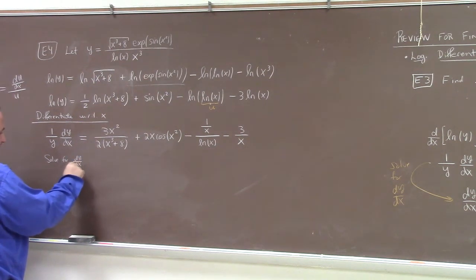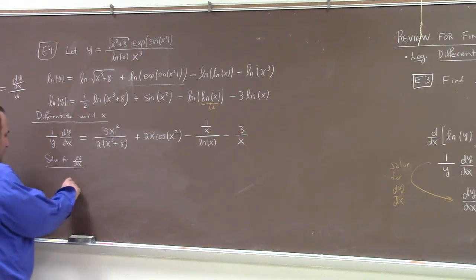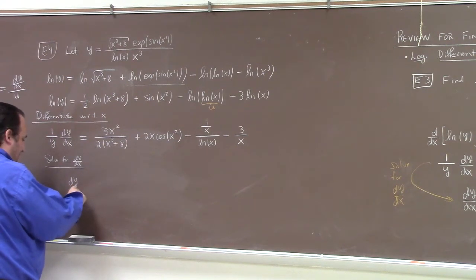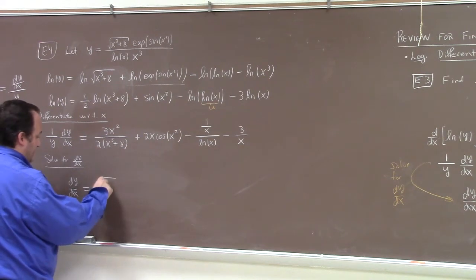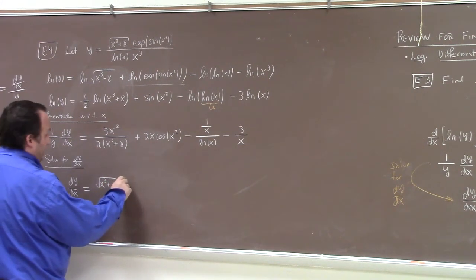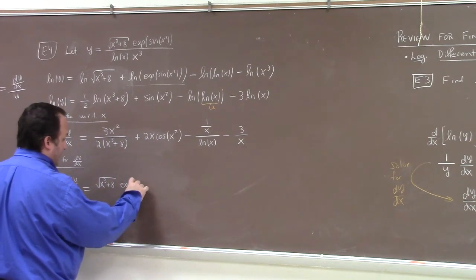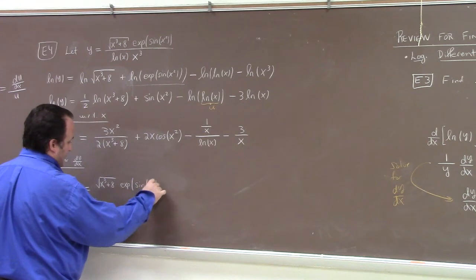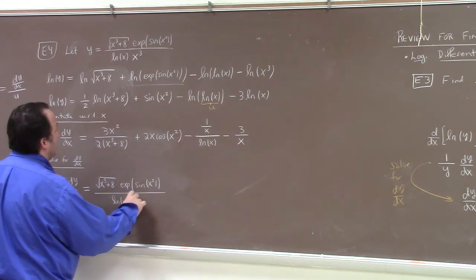And solving for dy dx in these ones is easy. It just means you'd multiply by y, right? We've had other problems with implicit differentiation where solving for y was more complicated. Here, not so much. Just multiply by y. So dy dx, what was y? Oh, y is all that. The square root of x cubed plus 8 times the exponential of the sine of x squared divided by log of x times x cubed.